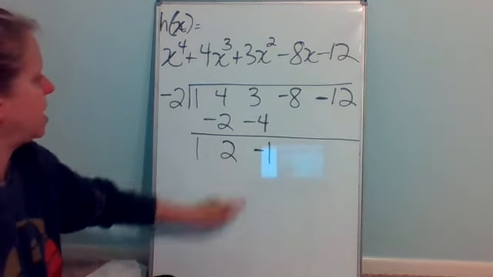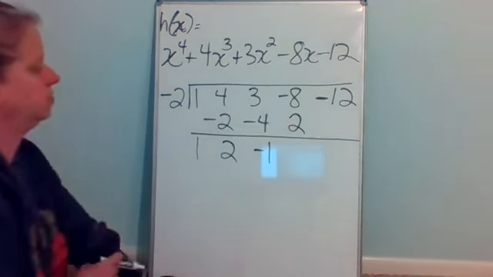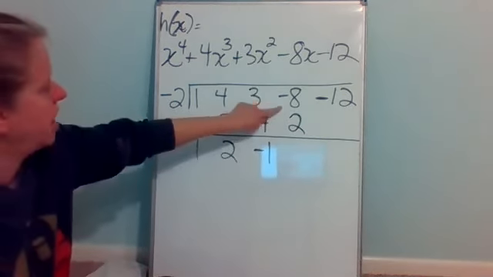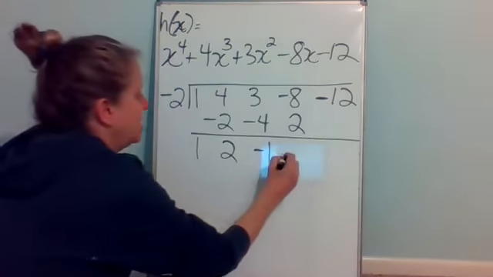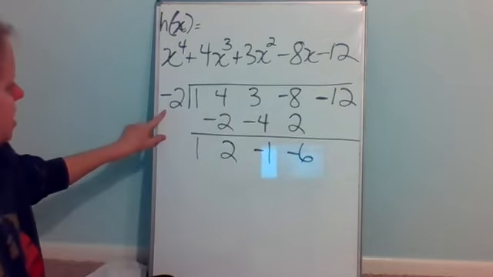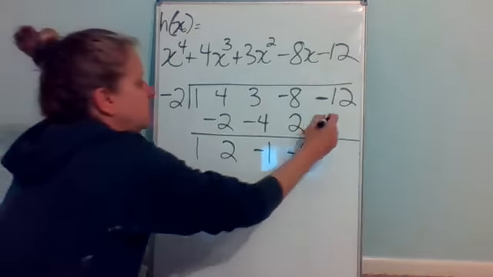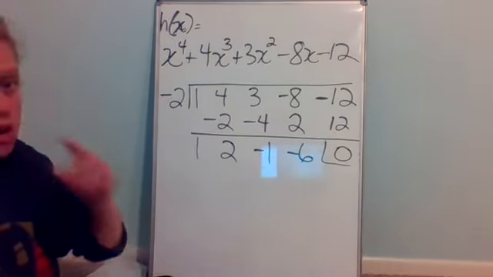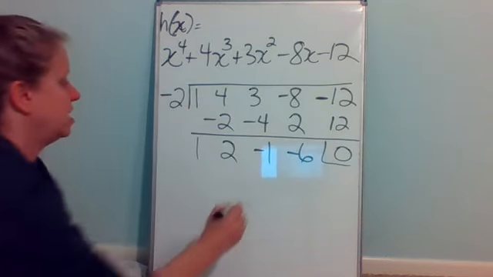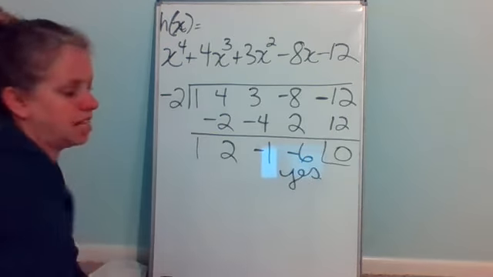Negative 2 times negative 1 is positive 2. Add these. Negative 8 plus 2 gives me negative 6. And negative 2 times negative 6 is positive 12. So I am left over with a 0, which means, yes, negative 2 is a 0.